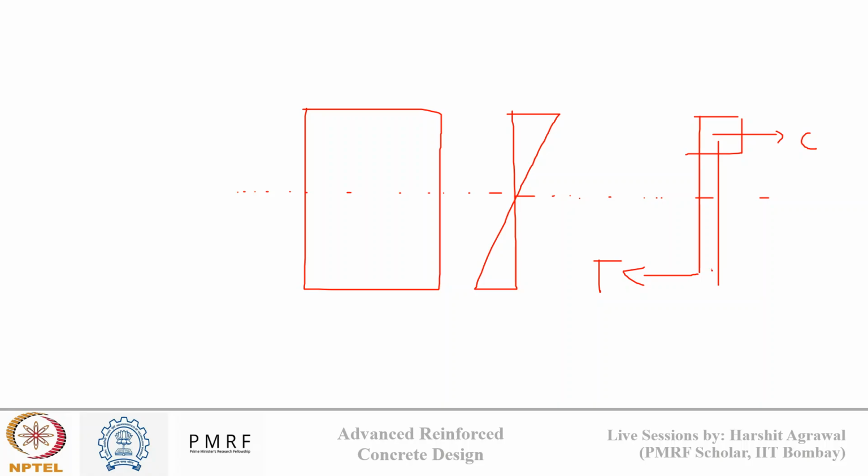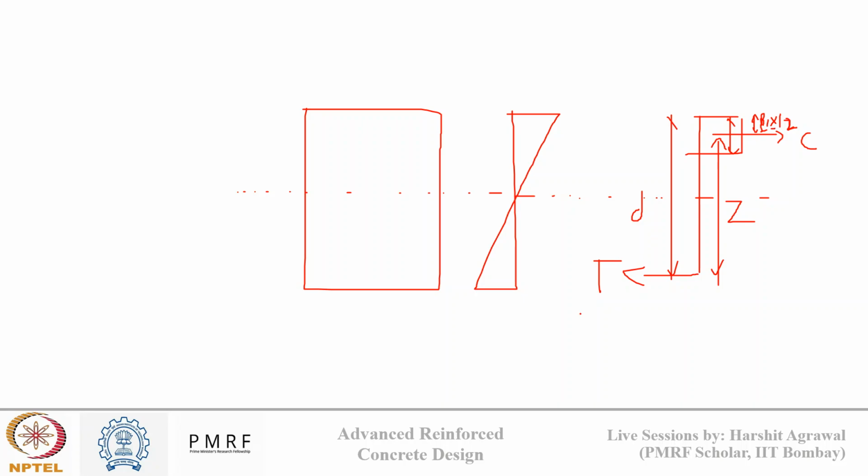The distance between these two forces is known as the lever arm distance, which is represented by Z. What will be this Z? This total depth I know is d, and this is beta 1 times x by 2. This total is beta 1 x, so this is beta 1 x by 2. We know the value of beta 1, we know the value of x.